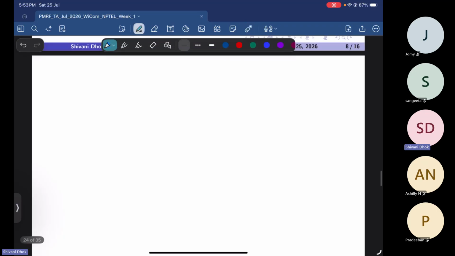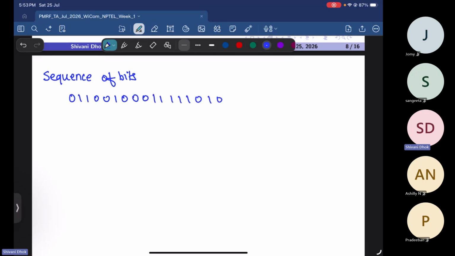So in digital communication, what we want to transmit is a sequence of bits. Let's say 0 1 1 0 0 1 and so on. But how do you transmit it?